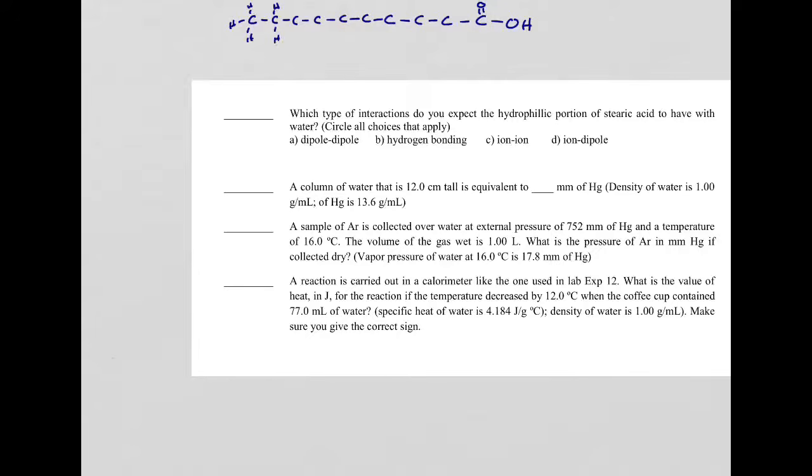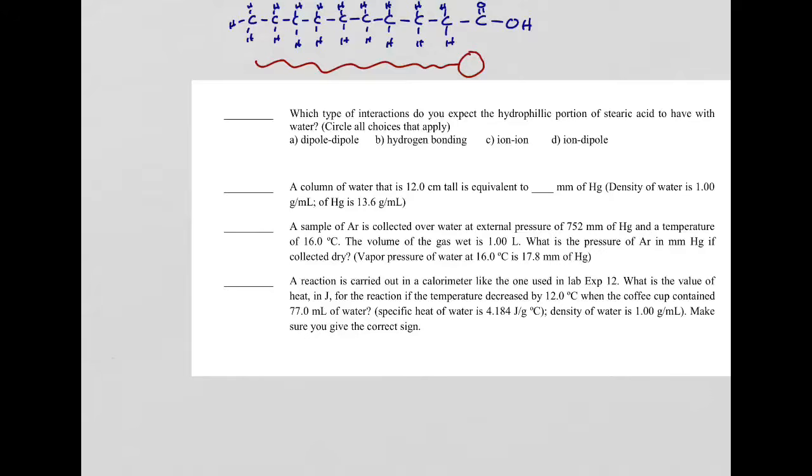Let me just attach all this hydrogen. There's more carbons. I cut out some of the carbons. Otherwise, I would be drawing this forever. So, this is the acid. Now, here's the key point: the acid has a tail and it has a head.